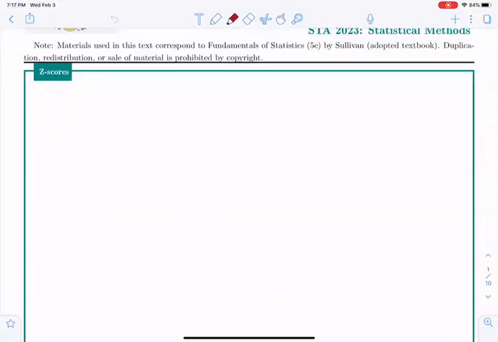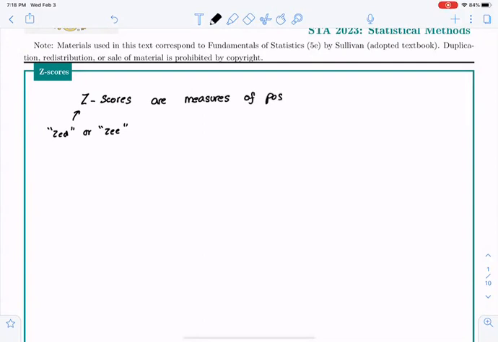So z-scores are measures of position and are suitable if the data is symmetric, in the sense it must have a bell-shaped distribution.